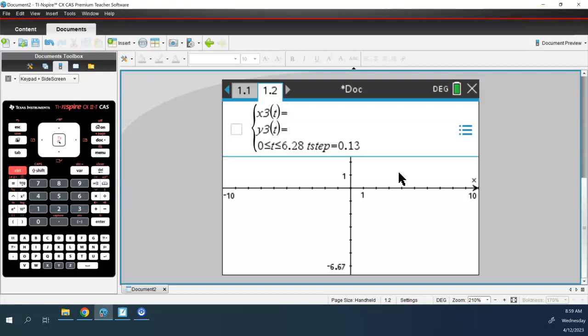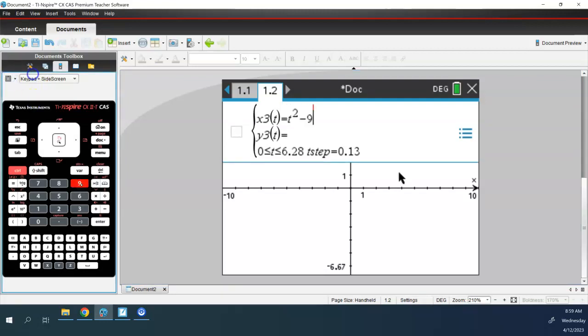Okay? So for our x function, we're going to define that as t squared minus 9. Then down 1, or you could hit tab, and we're going to define our y as 2t plus 1. Everybody with me so far?